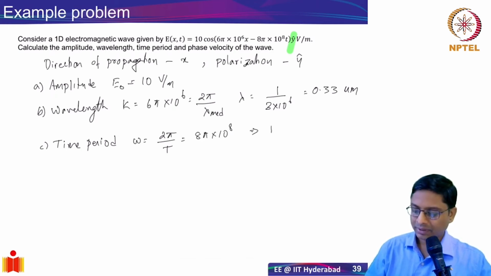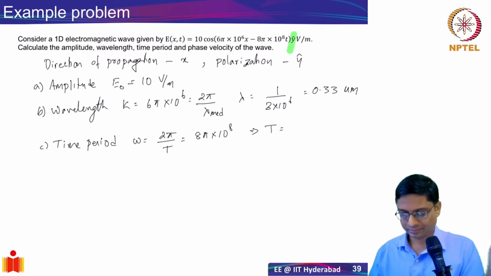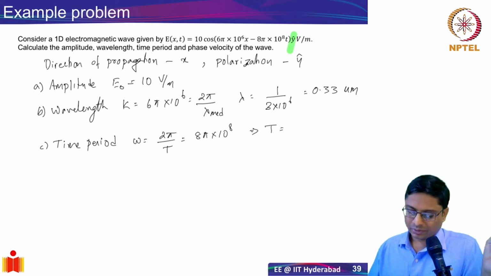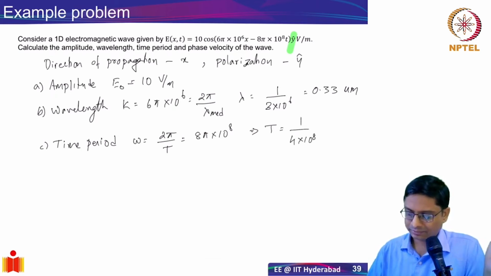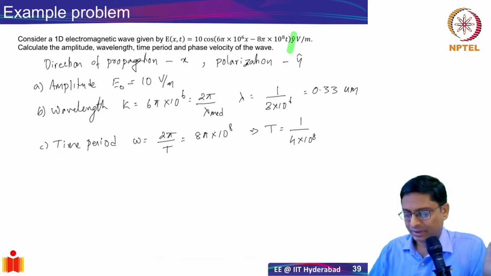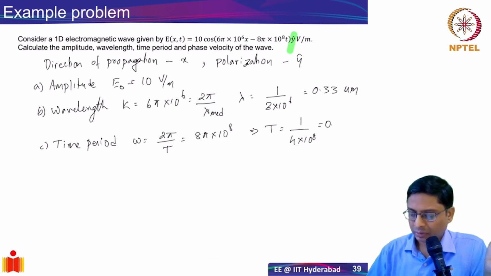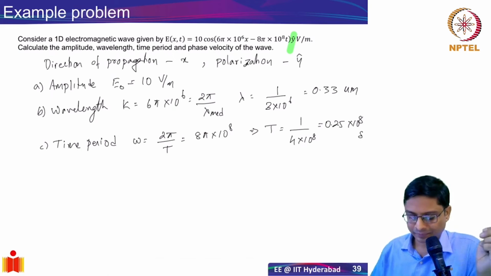So the time period is 2 pi over that, so 1 by 4 into 10 power 8. 1 by 4 is 0.25, so 0.25 into 10 power 8 seconds. That is the answer, 2.5 nanoseconds. All right.